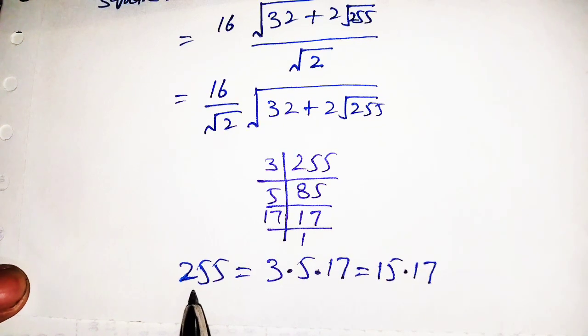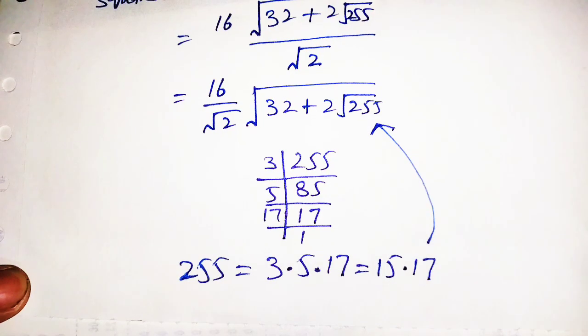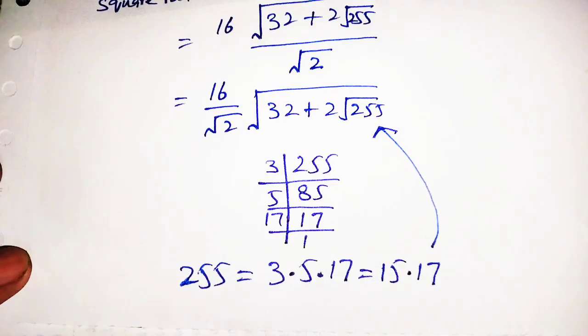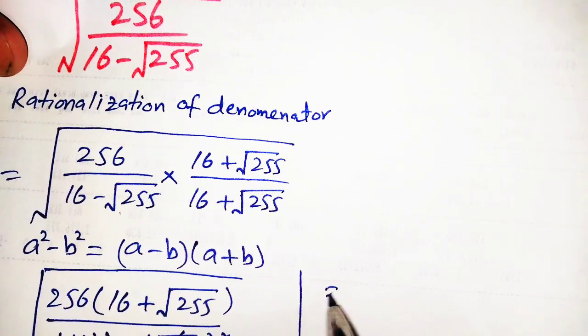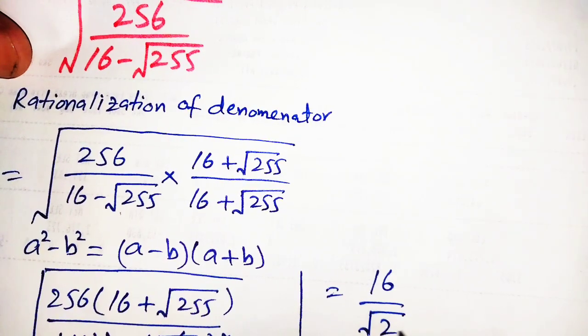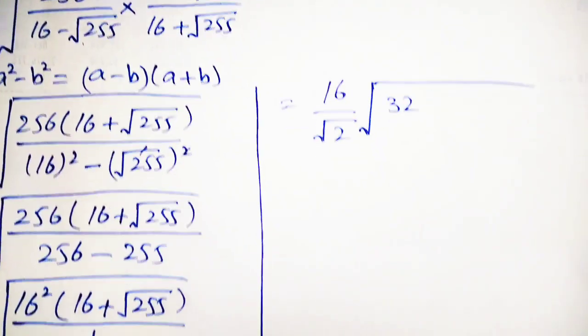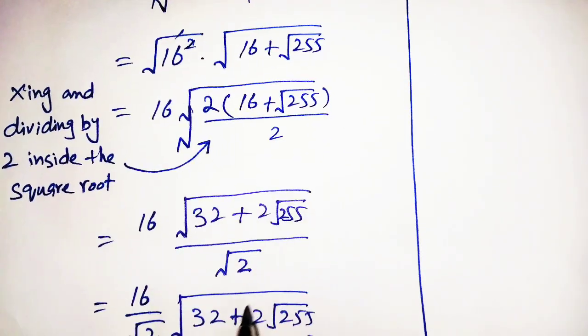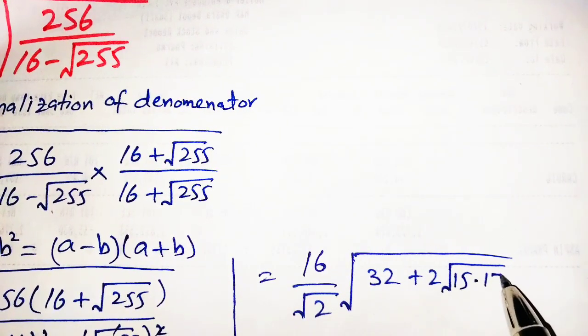So putting this value of 255 here in the above equation, we will get 16 over square root of 2 times the square root of 32 plus 2 times square root of 15 times 17.